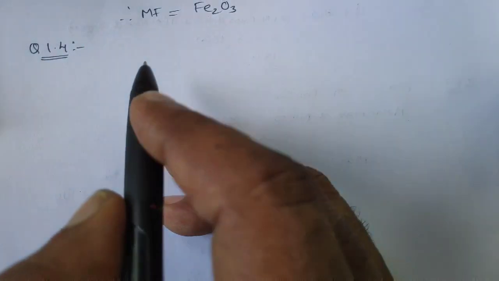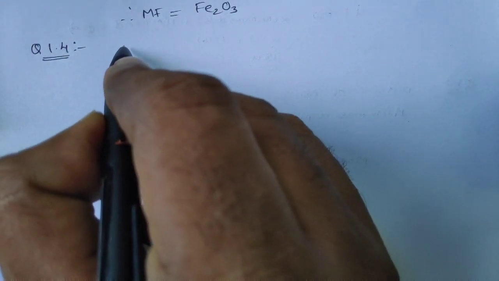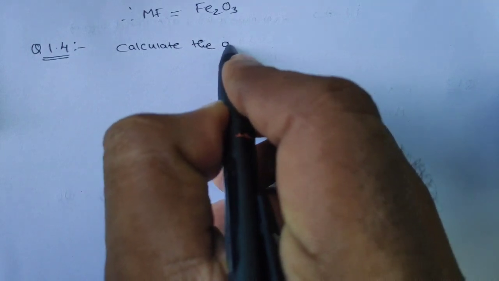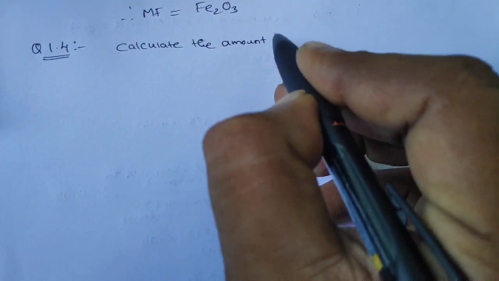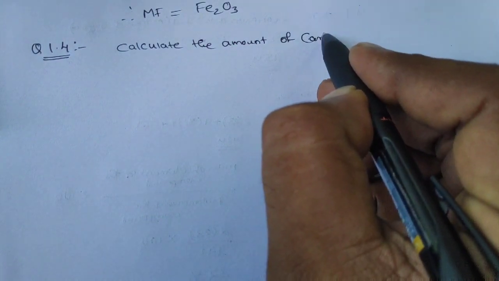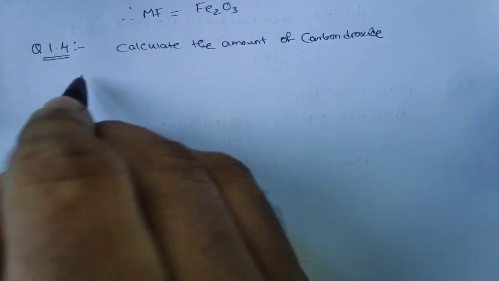The first question in your book is: calculate the amount of carbon dioxide. Clear? Three conditions were given.